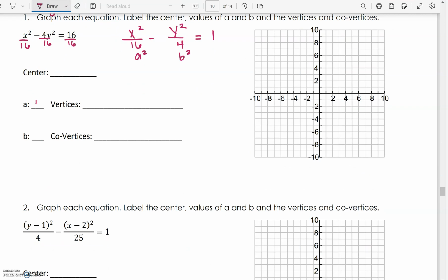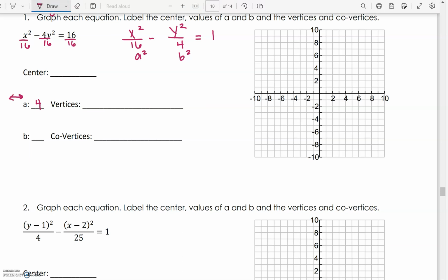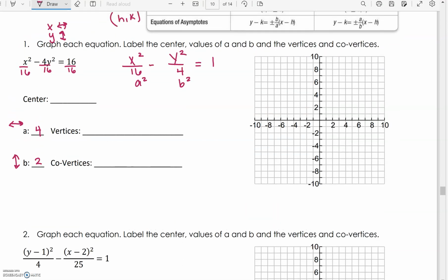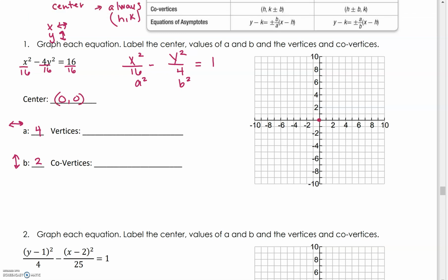So a being 4, that is x, left and right. b being 2, again we're square rooting, and that is with y, so it's going to be vertical, up and down. The center again is at 0, 0. So that's where we're going to put our 0, 0 here. And we're going to go out 4 units left and right.